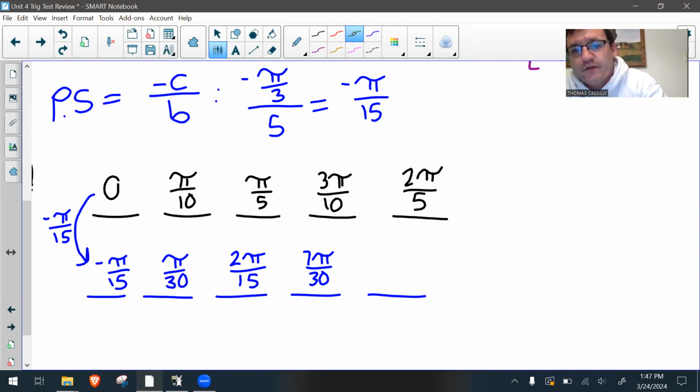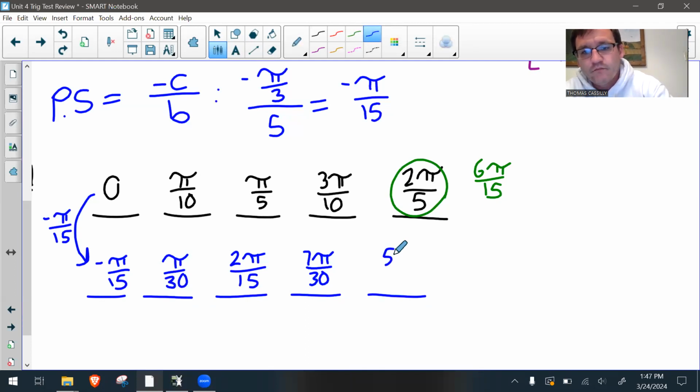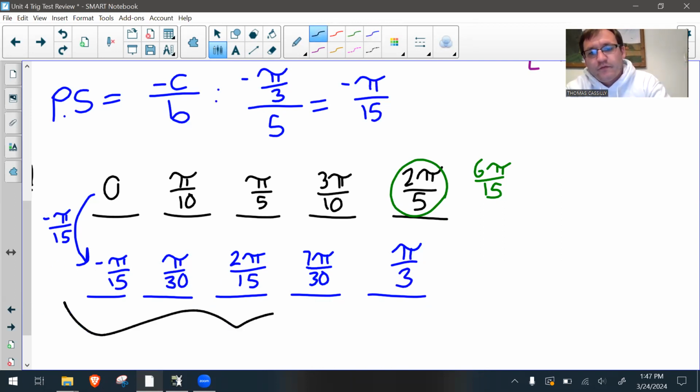If we think about this, this right here is equal to 6 pi over 15. Just multiply the top and bottom by 3, and then you're subtracting a pi off of that. This gives you 5 pi over 15. But again, we can reduce that, and we should always reduce our fractions. So we can call this one pi over 3. So these are the 5 points on our x-axis here.